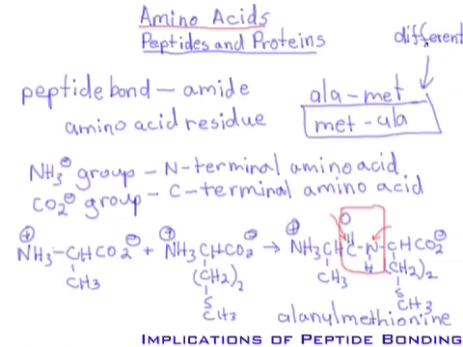Now, let's talk about the actual bonding in the peptide, and then we'll talk about the types of peptides that can be found. Again, the bonding in the peptide is the amide functional group. An amide bond we've already discussed.